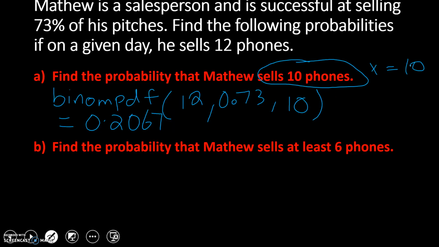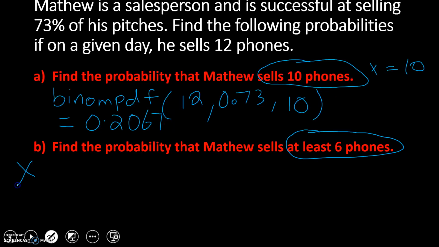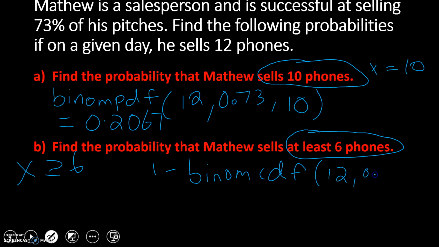B. Find the probability that Matthew sells at least 6 phones. If you go back, at least is 1 minus binom CDF, because X is greater than or equal to 6. So we have 1 minus binom CDF of 12, 0.73, and 6.